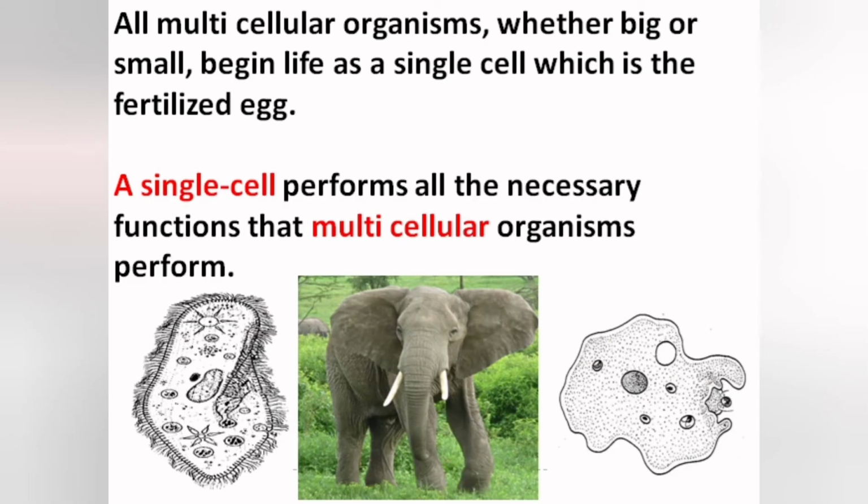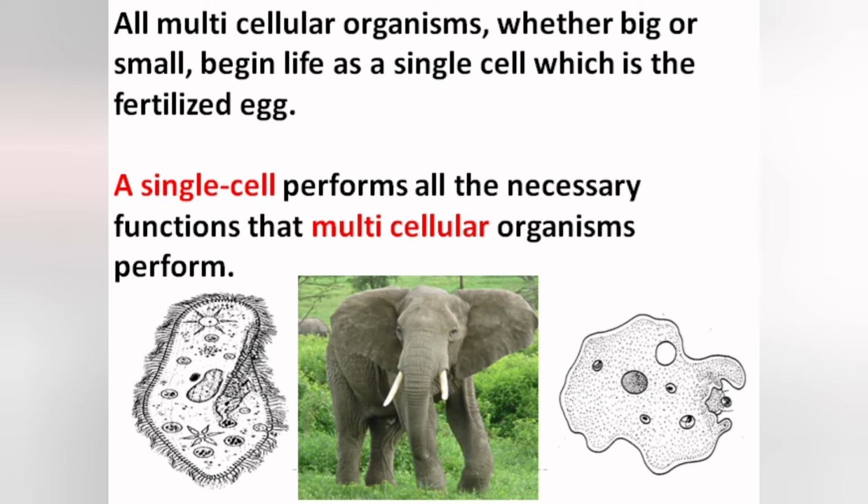All multicellular organisms, whether big or small, begin life as a single cell which is a fertilized egg. A single cell performs all the necessary functions that multicellular organisms perform.